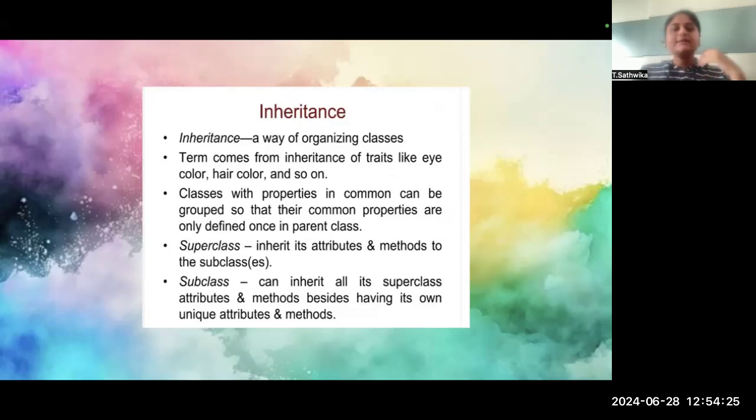So now, the classes with properties in common can be grouped so that their common properties are only defined once in a parent class. Now, coming to superclass, it passes its attributes and methods to the subclasses, and the subclass can inherit all its superclass attributes and methods, besides having its own unique attributes and methods.